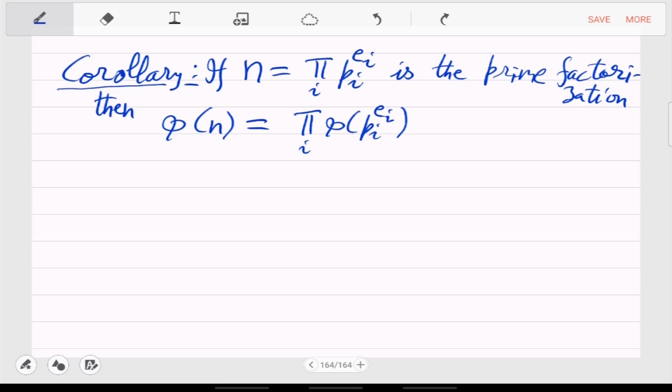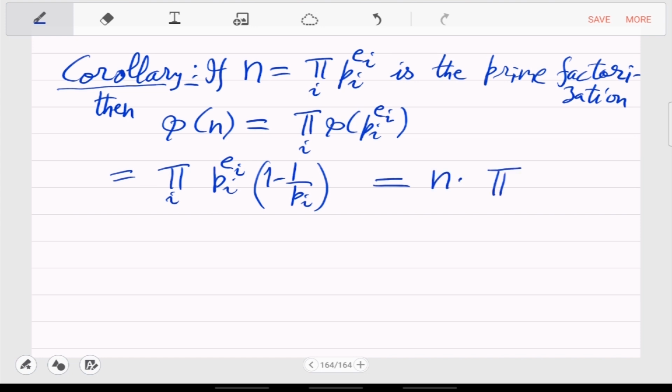And what do you know about phi of p_i^e_i? That we have computed previously. So it's p_i^e_i times 1 minus 1 over p_i, which is n times the product of 1 minus 1 over p_i.